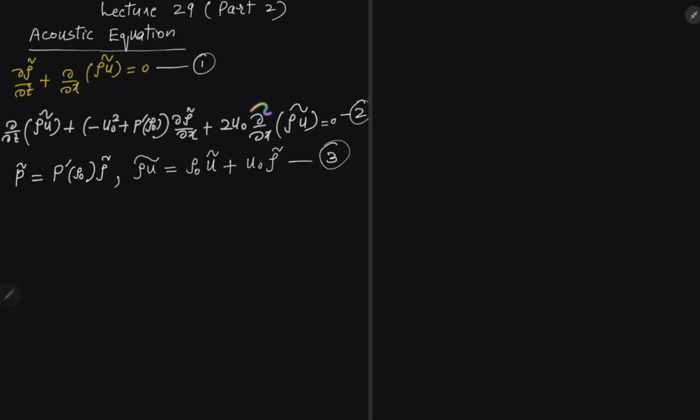So we start from this equation where we have rho u tilde equal to this expression, and p tilde is equal to this given equation.